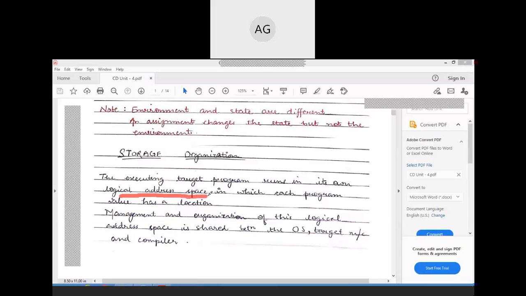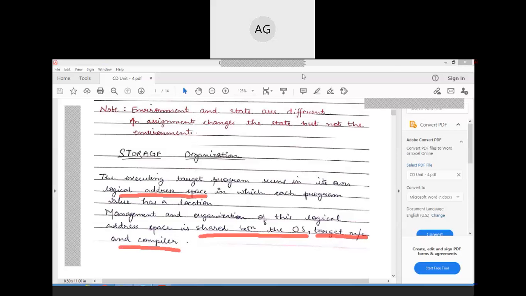This address space is generated by the CPU, the central processing unit, in which each program value has a location. The management and organization of this logical address space is shared between the operating system, the target machine, and the compiler. Here we are dealing with the logical address space, but not the physical address space.